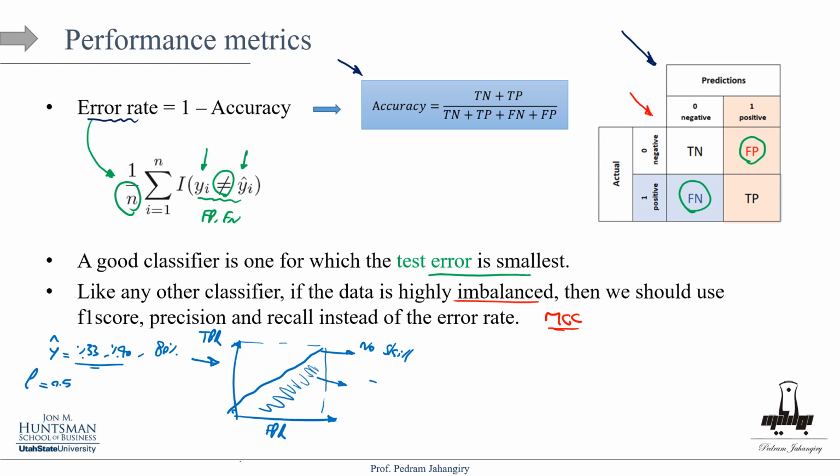So this is a random model, 50%. And your KNN better be somewhere here. Let's say the area under the curve is, I don't know, more than 50%. Your model is doing something better than pure chance, right? So we can do this with KNN because the outcomes are probabilities. KNN is one of those classifiers that, just like logistic regression, the outcome is probabilities. We call them probabilistic models.